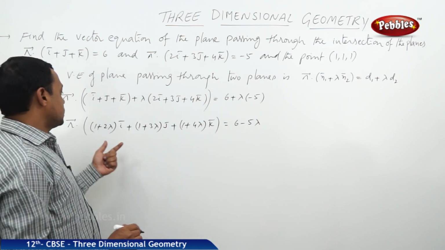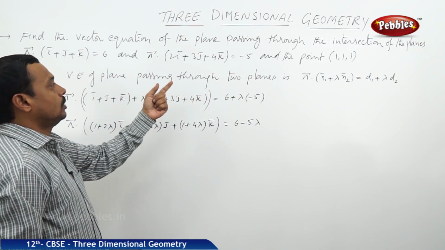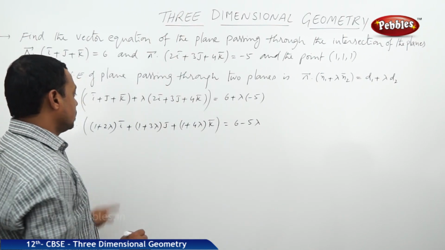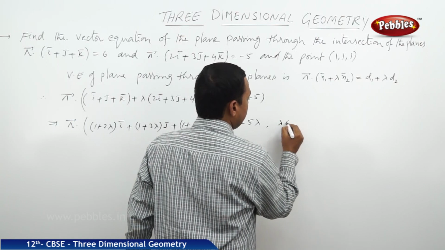This is the vector equation of the plane passing through the intersection of the given planes. Here lambda is some real number.